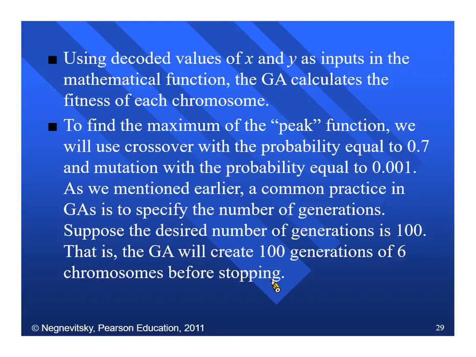As we mentioned earlier, a common practice in genetic algorithms is to specify the number of generations. Suppose the number of generations we set is 100. That means it will run 100 times, then stop. The genetic algorithm will create 100 generations of 6 chromosomes before stopping.